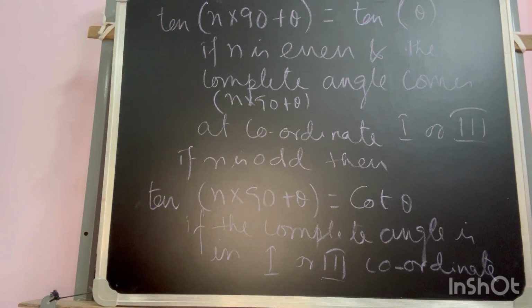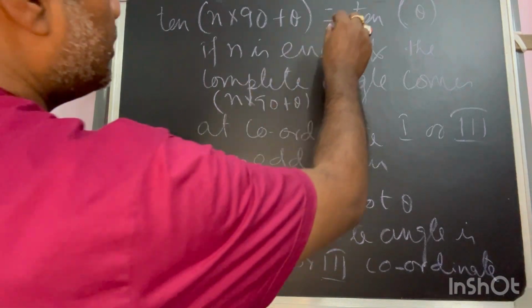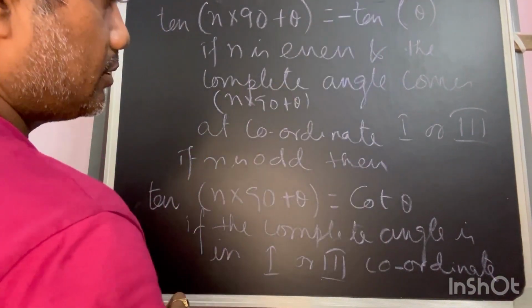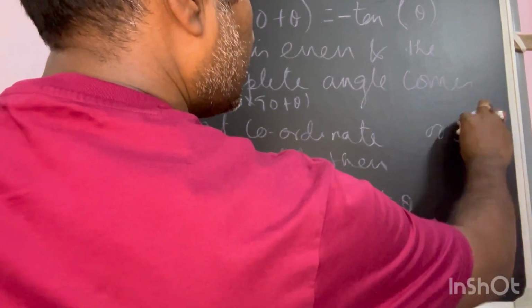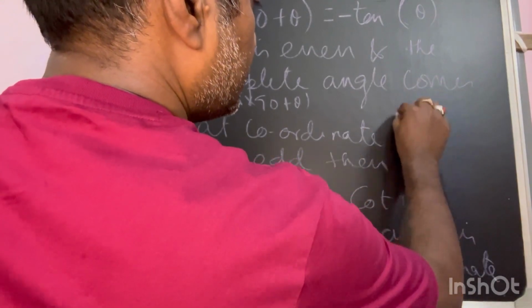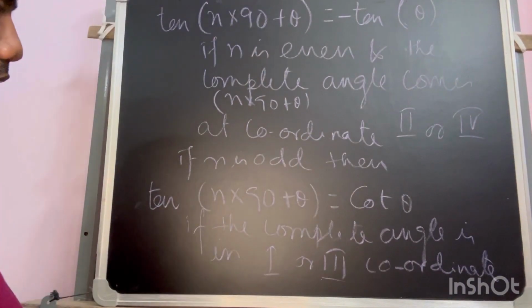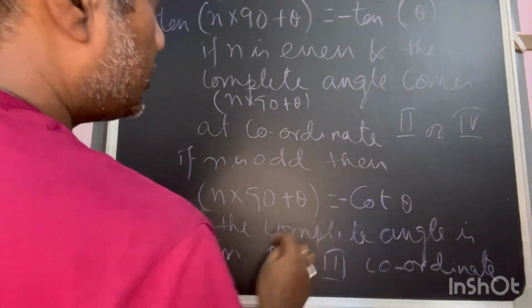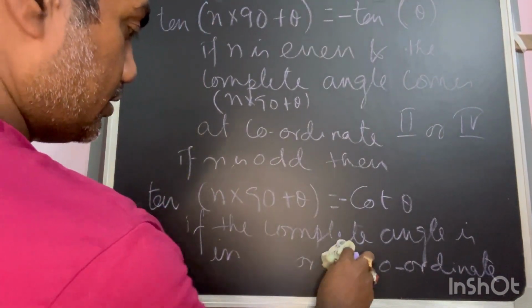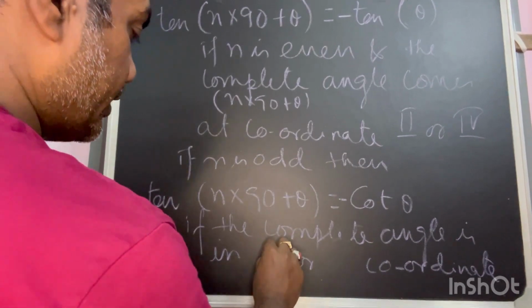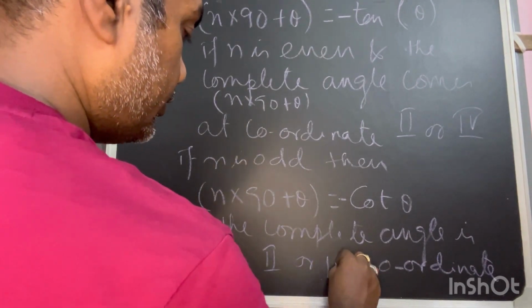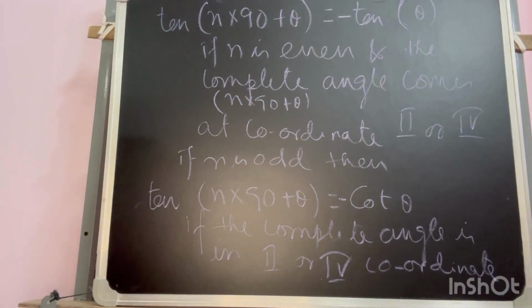Okay, now tan will be minus tan if it is in second or fourth coordinate. Tan will be minus cot if it is in second or fourth coordinate. Okay, so this thing will change.